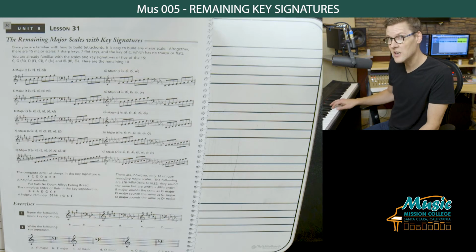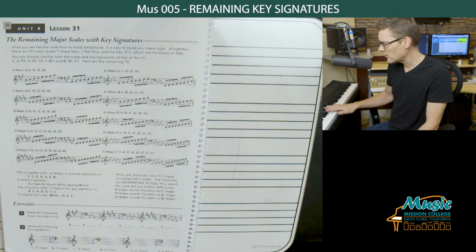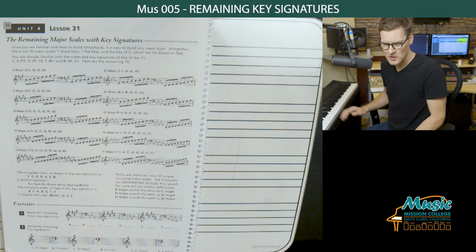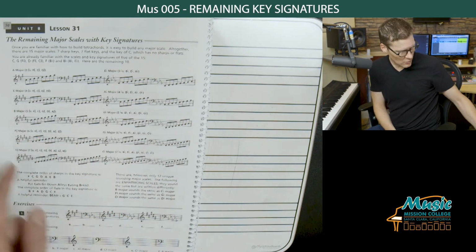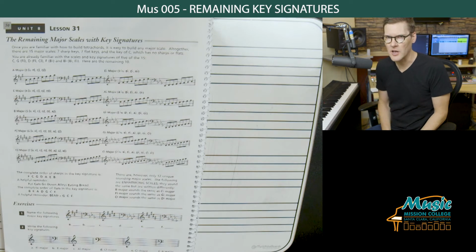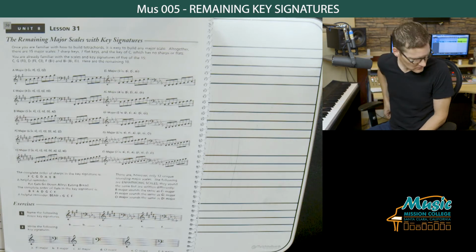If I start on a D, the same. So we can play that same major pattern no matter where we start on the keyboard. So on page 50, they're essentially showing us what all of those scales, or all of the key signatures, look like if you were to start the pattern on any given note of the keyboard.